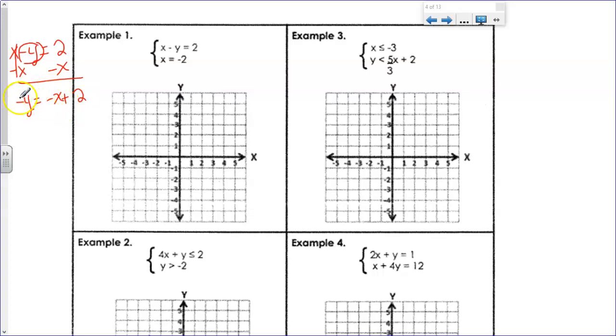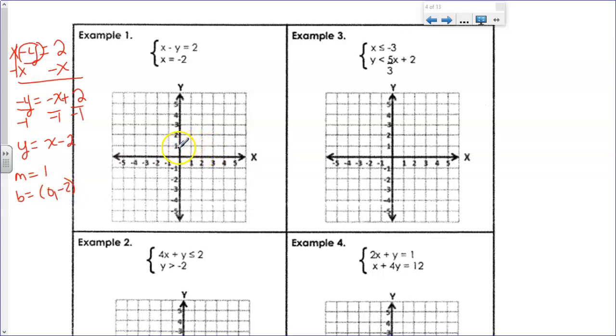Now this negative y, we have not solved for y, so we have to divide each part by negative 1. So y equals x minus 2. My slope is 1, and my b is (0, negative 2).